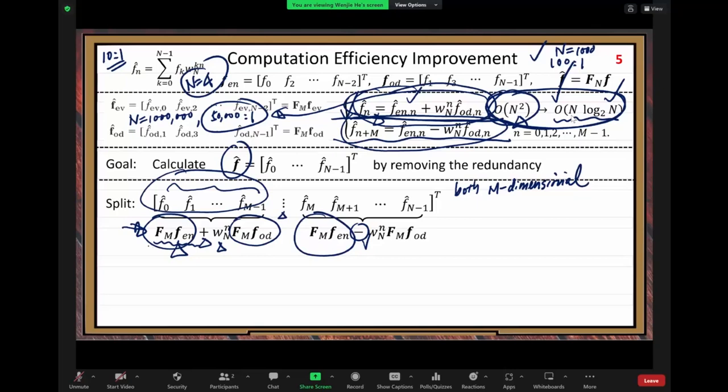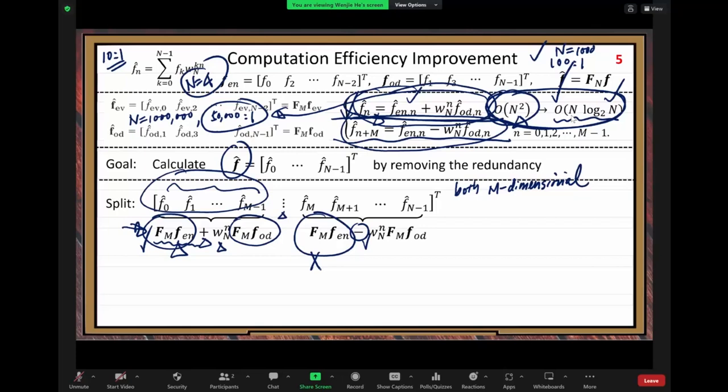Because after you complete the first computation, you save it in a temporary vector variable. So the second time, you do not need to recompute it. You just retrieve it from that temporary vector, so you can save a lot of computation.